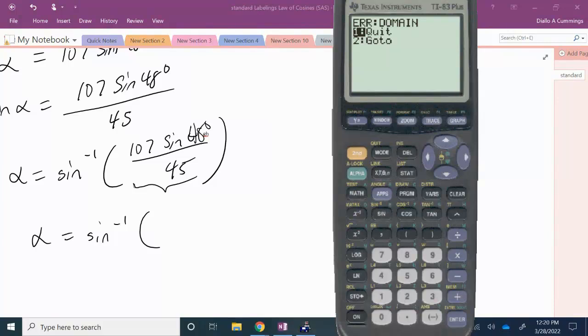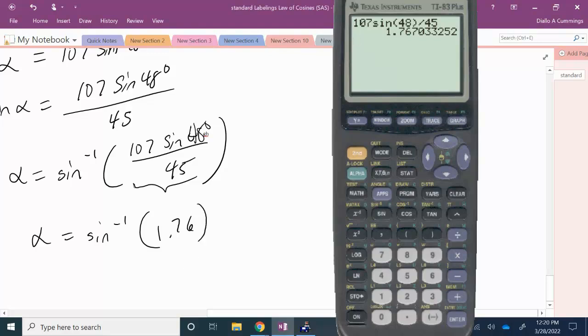I'm going to put in 107 times the sine of 48 degrees, close off the argument for sine, divided by 45, and I get 1.76.